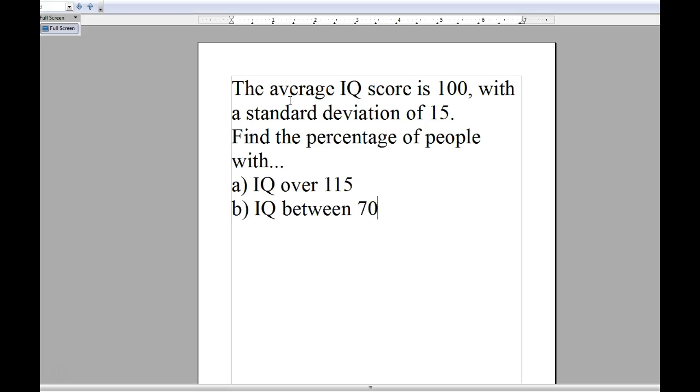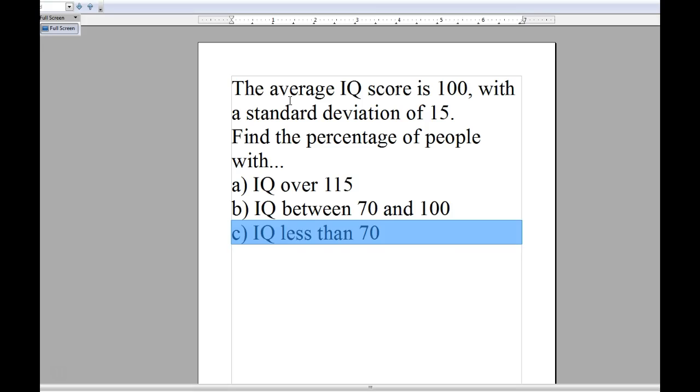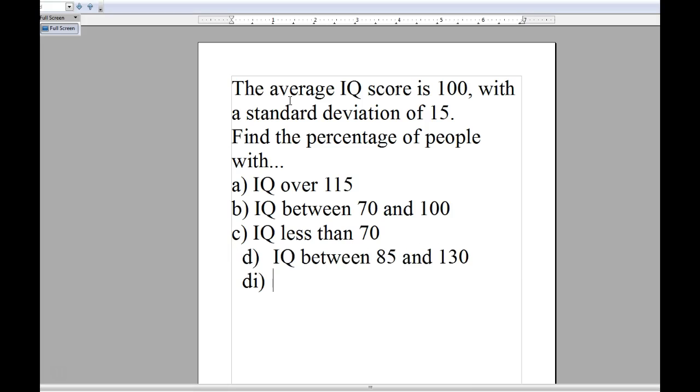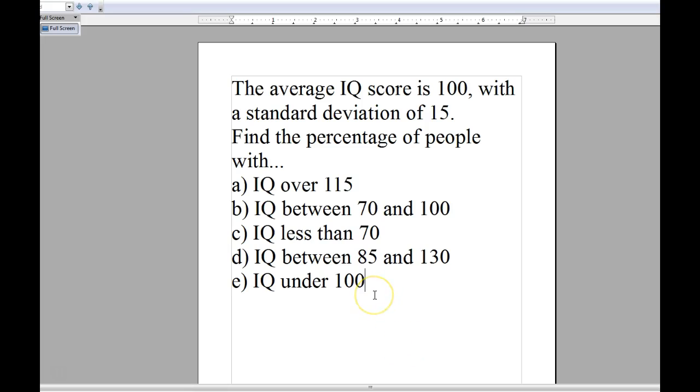IQ between 70 and 100. IQ less than 70. IQ between 85 and 130. Let's just start with those.